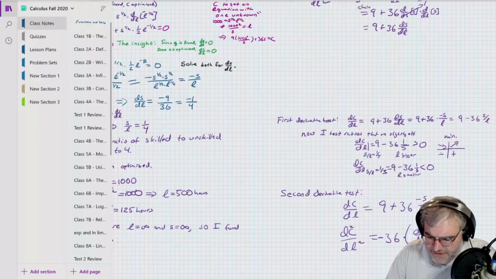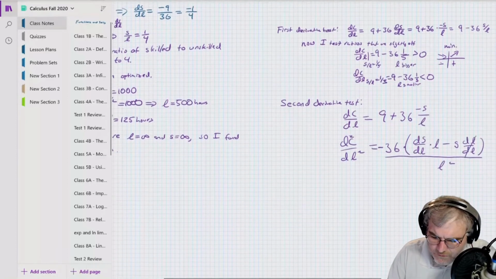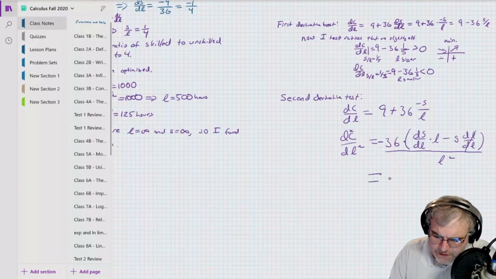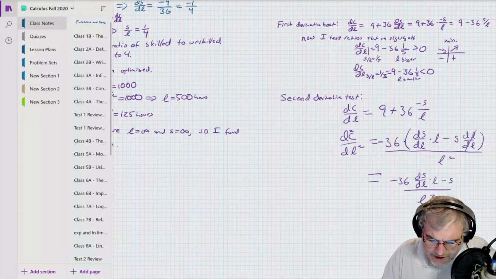So that's S dL over dL, because I'm doing it with dL. Those things go away, and it's all over L squared. So I wind up with negative 36 times dS over dL times L minus S, over L squared.